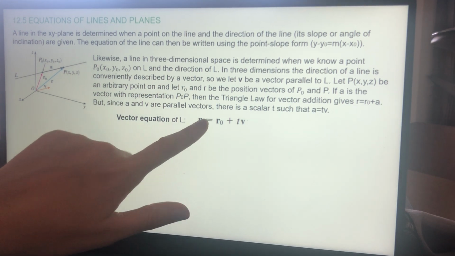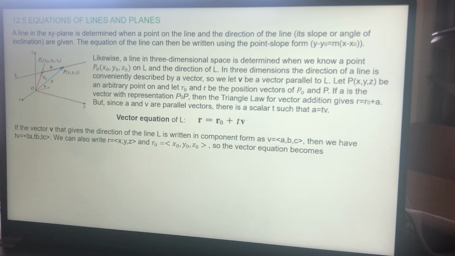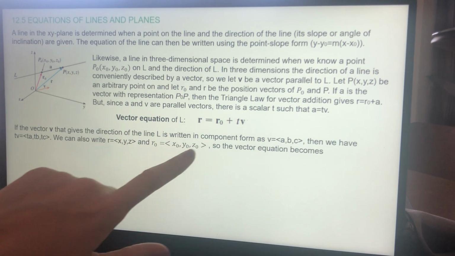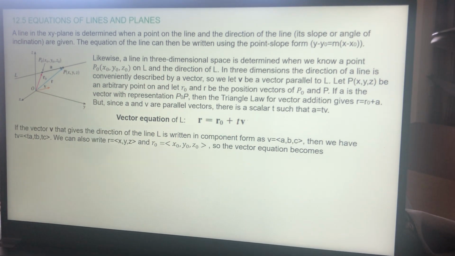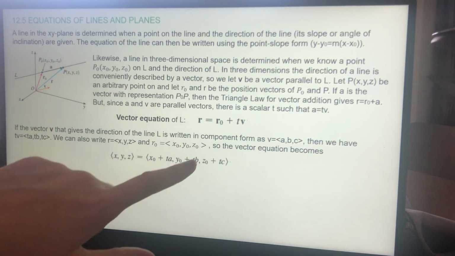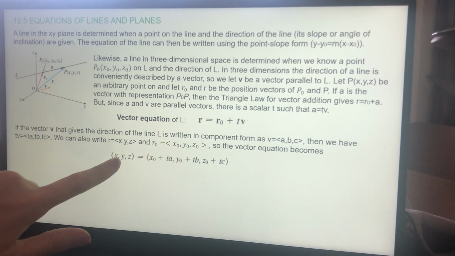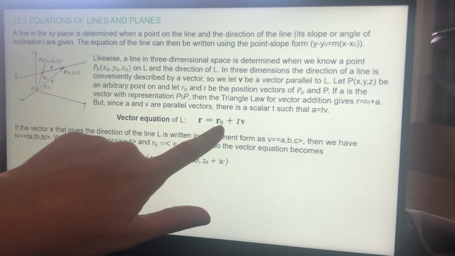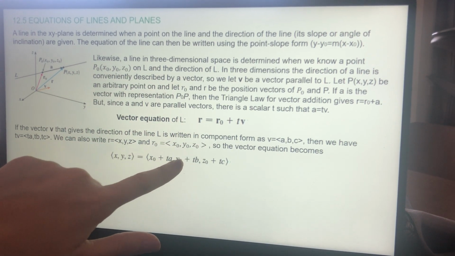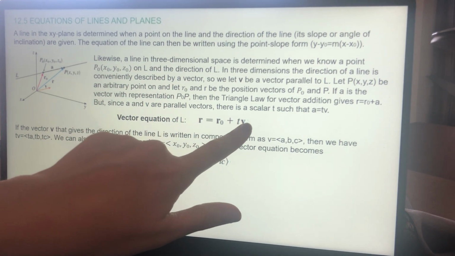Since r0 is given with x0, y0, z0, and v is given with a, b, c, let's say, you can write the parametric equation. So r is x, y, z. Instead of r, I write x, y, z equals r0, x0, y0, z0, plus t times v.